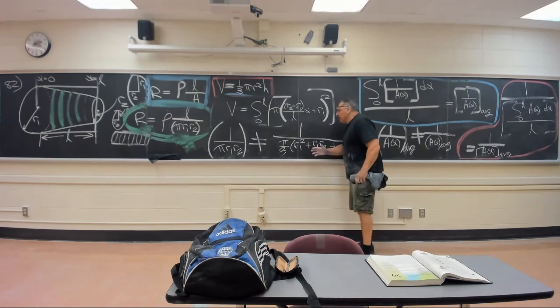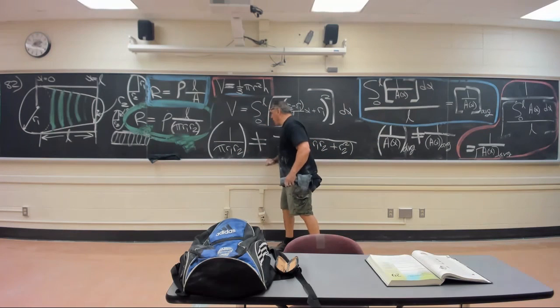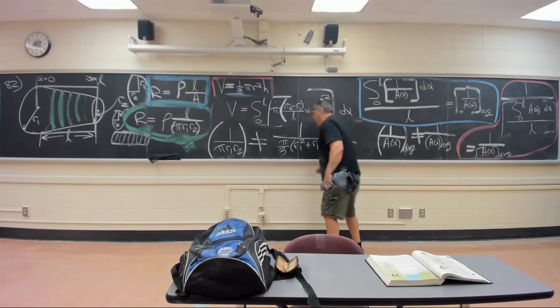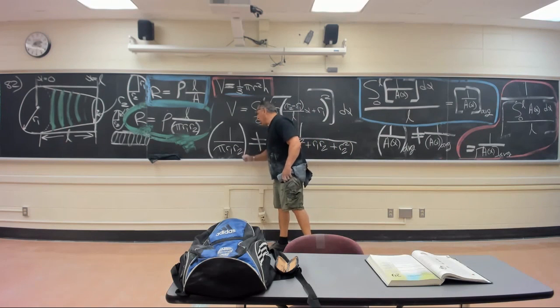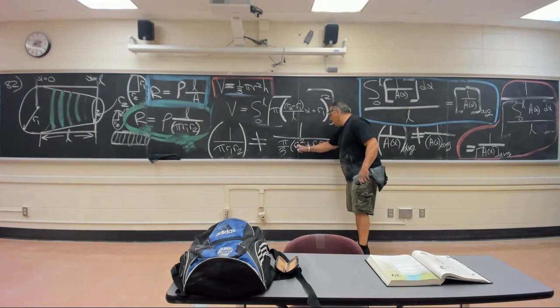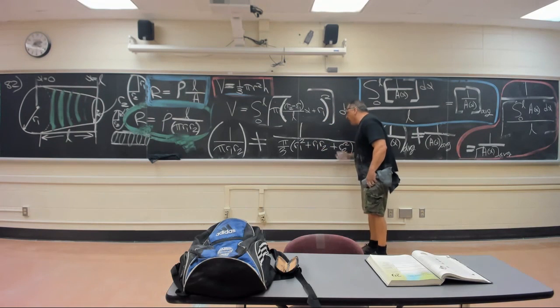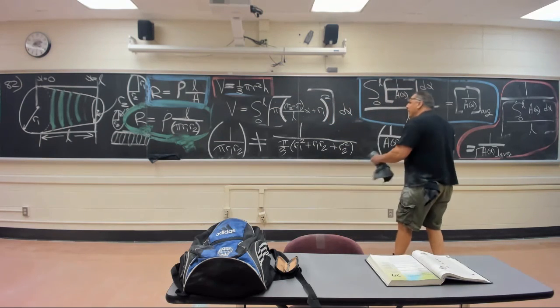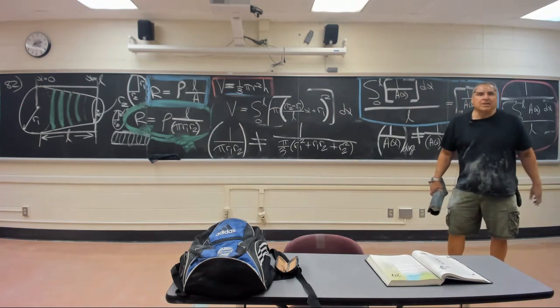If R1 and R2 are equal, I got pi r squared on the bottom, 1 over pi r squared. If R1 equals R2 equals some R, 1 over pi r squared. This would be r squared, this would be r squared, that would be r squared. 3r squared times pi over 3 is pi r squared. It'd work. But in general, it wouldn't. And that's what I wanted to talk to you guys about.